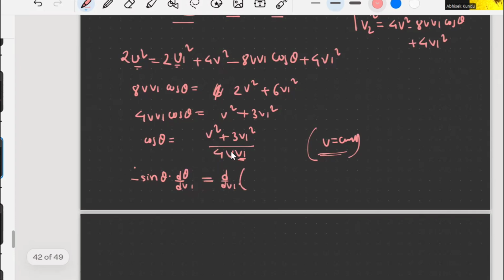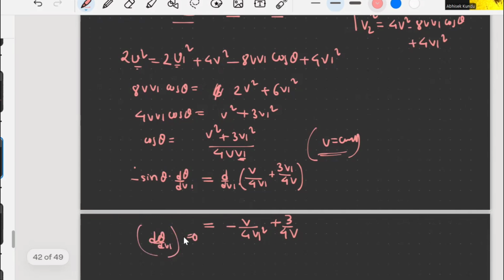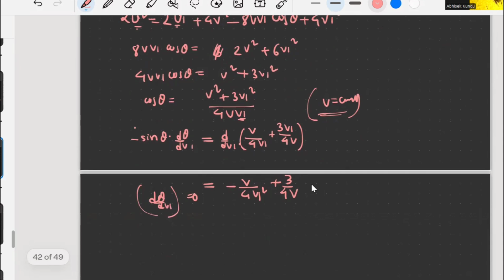Then write the inside terms: v by 4v1 plus 3v1 by 4v. The derivative with respect to v1 is going to be minus v by 4v1 square plus 3 by 4v. For the maximum value of theta, d theta by dv1 should be 0. If I make it 0, then this term should be 0.